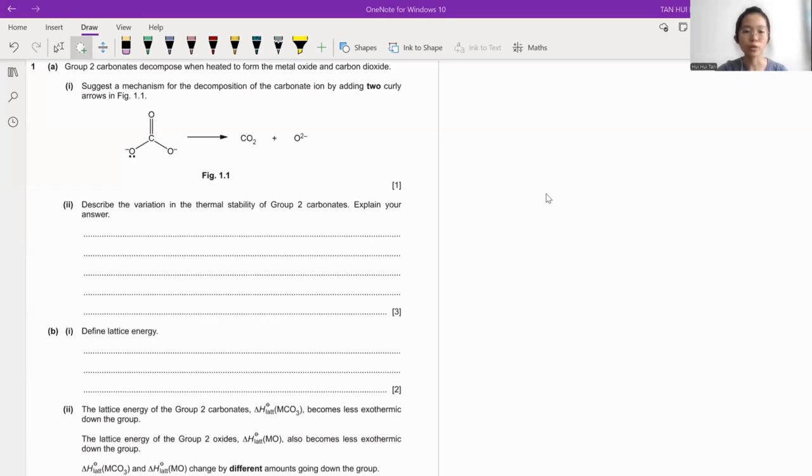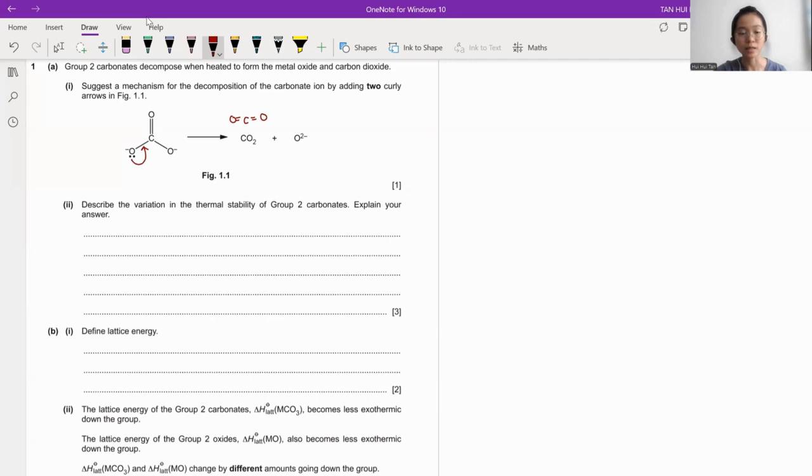When you look at this figure, you know that carbon dioxide has two double bonds. So from a carbonate ion to form two double bonds and one oxide ion, first the lone pair has to form the double bond.